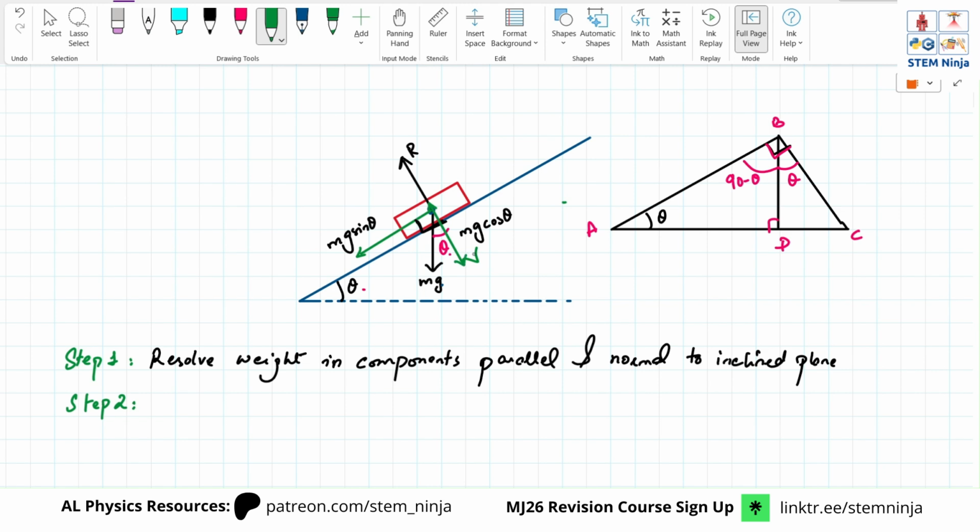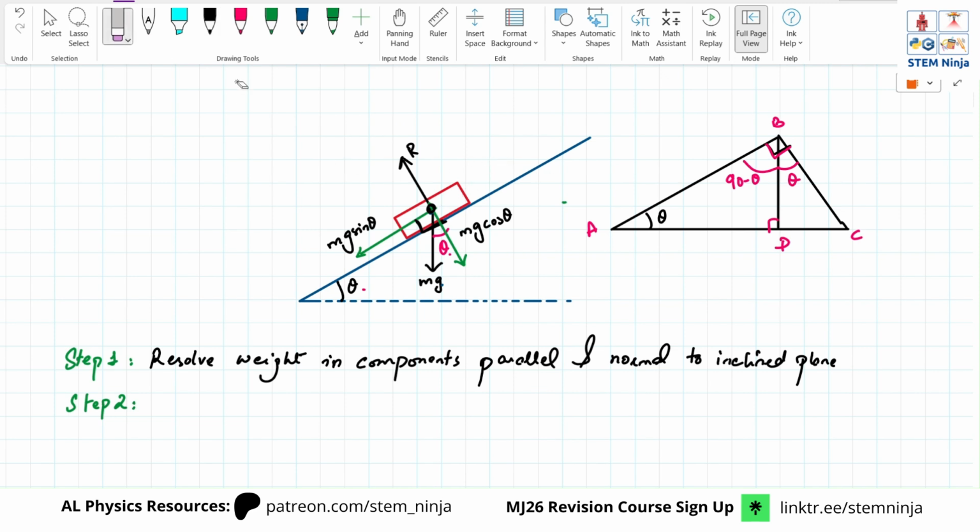Whether or not there is a force taking it up the plane is a different question, but we have to consider the normal reaction force also.